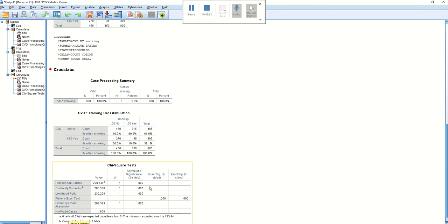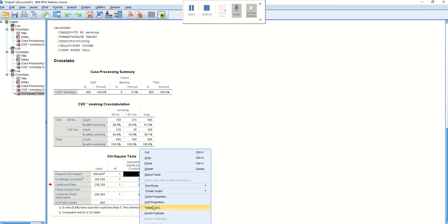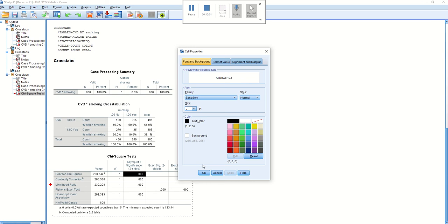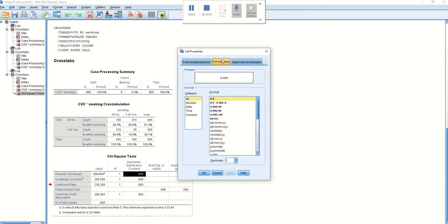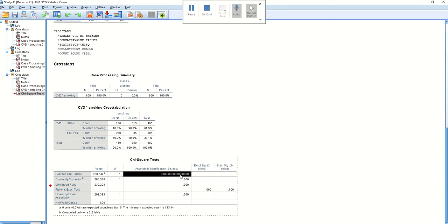And as I mentioned previously, if you request this cell to have more decimal points, you will be able to see that actually it's not zero. So I'm adding more decimal points. Okay, even more decimal points. Maybe it's too small to show.